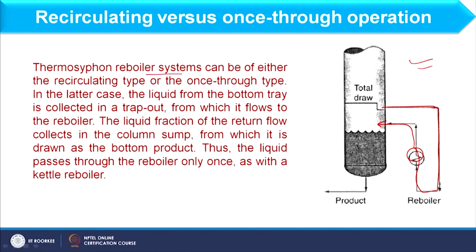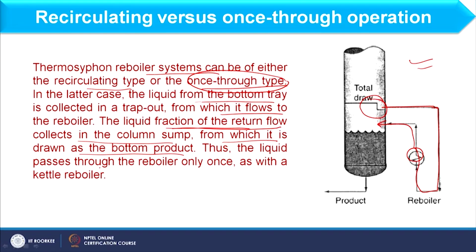The thermosiphon reboiler system can be either the recirculating type or once through type. In the latter case, that is once through type, liquid from the bottom tray is collected in a trap out, from which it flows to the reboiler. So it is basically this assembly. The liquid fraction of the return flow collects in the column sump, from which it is drawn as a bottom product.